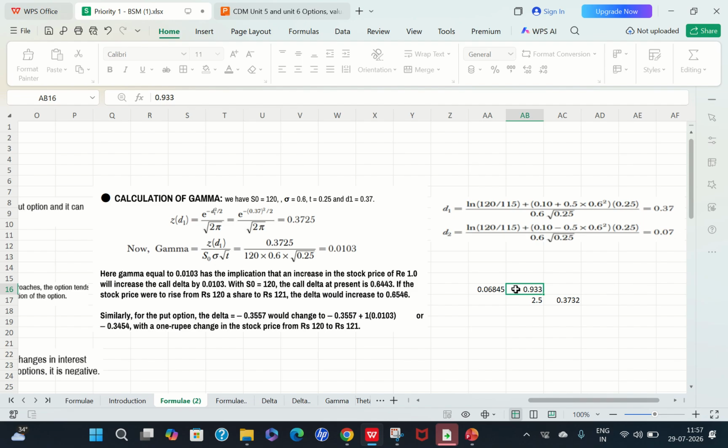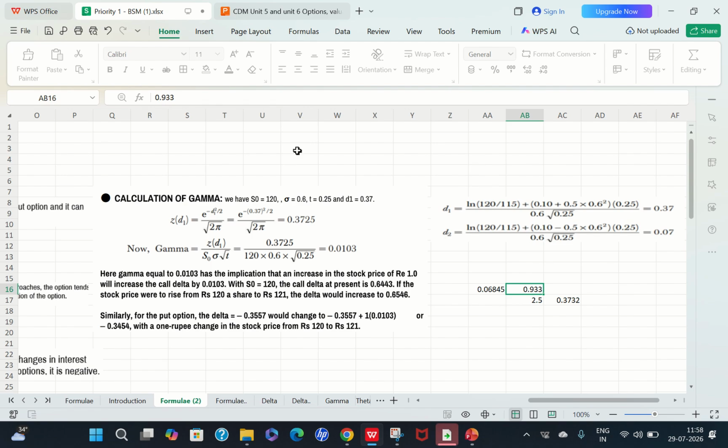But just to make you understand how we arrived at 0.685, it is like this: e to the power of minus 0.37, the whole square divided by 2, you have to perform it. From there, you have to find the e value divided by 2 pi. Pi is 22 divided by 7 or 3.14. So 2 into 3.14, root you have to take. You will get a value of 2.5.